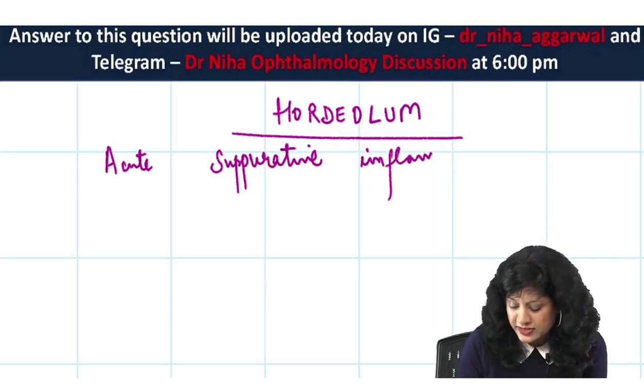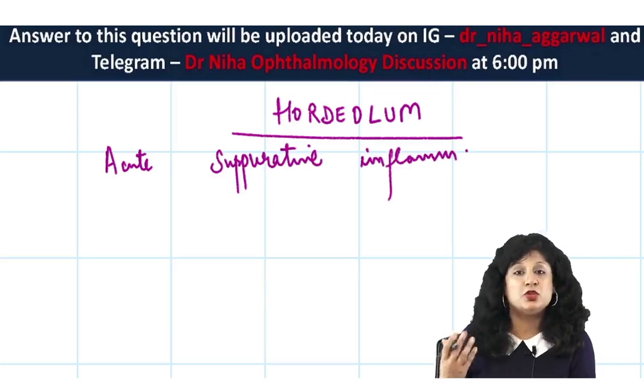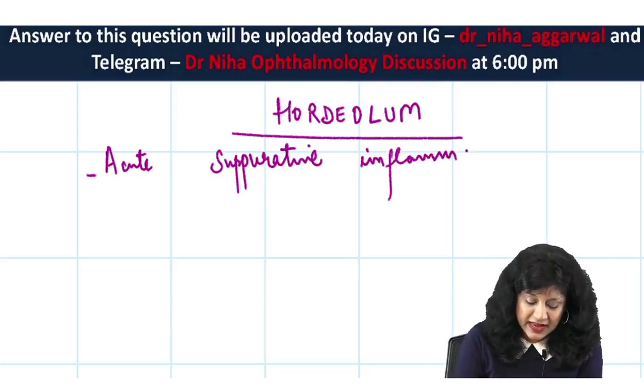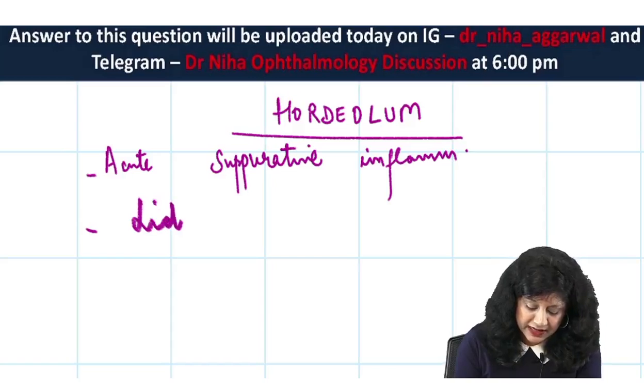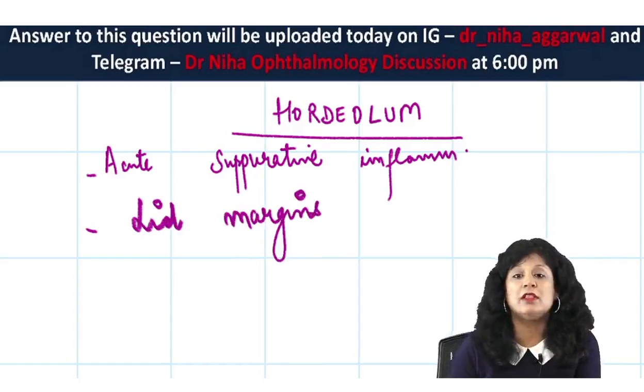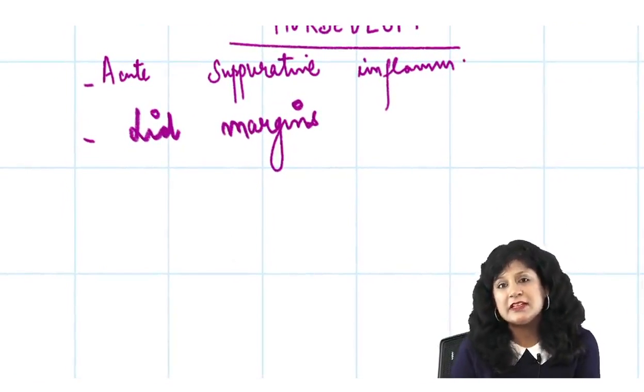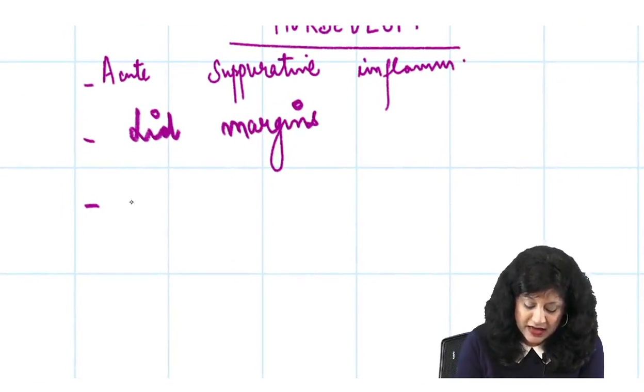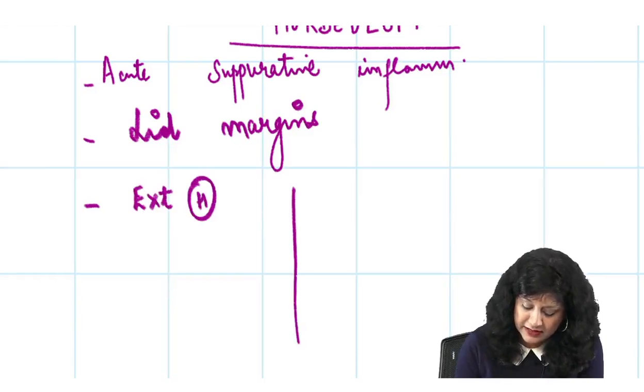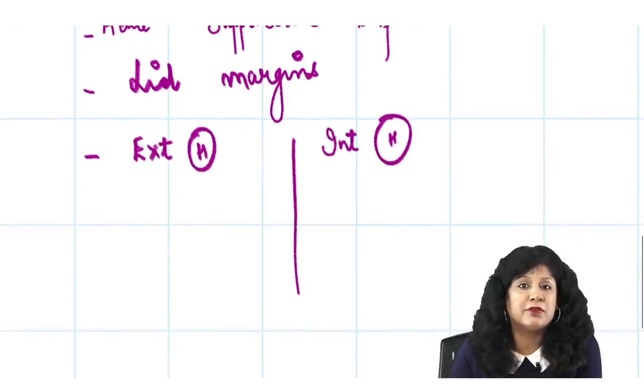So sudden onset is there, pustular is there, but it is actually found in the lid margins. So hordeolums are found on the lid margins. How many types of hordeolums do you know? We have an external hordeolum and then we have the internal hordeolum. So how both of them are different?